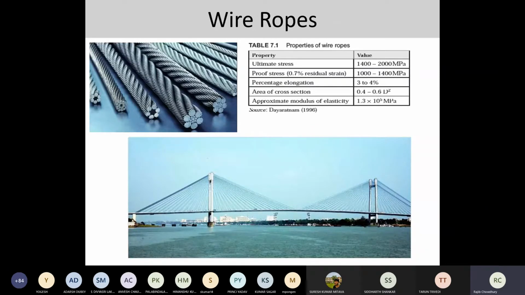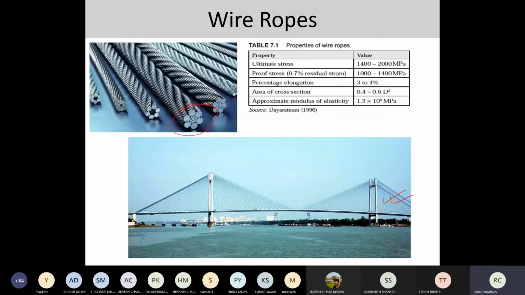Now, where are these ropes utilized, and how do we frame the ropes? Ropes are framed in this particular fashion. It is being wired up. And this is a cable stayed bridge. Some of you might be from Eastern India.